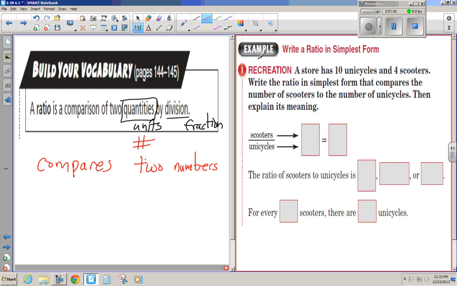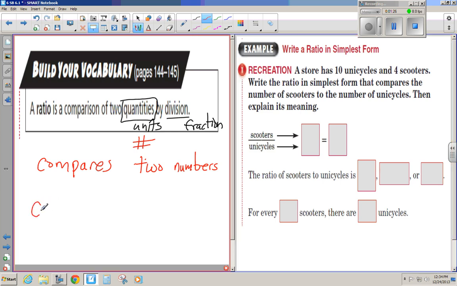All right, so we're going to look at it in a story problem. Recreation. A store has 10 unicycles and 4 scooters. Write the ratio in simplest form that compares the number of scooters to the number of unicycles. Then explain its meaning. So this is very key.